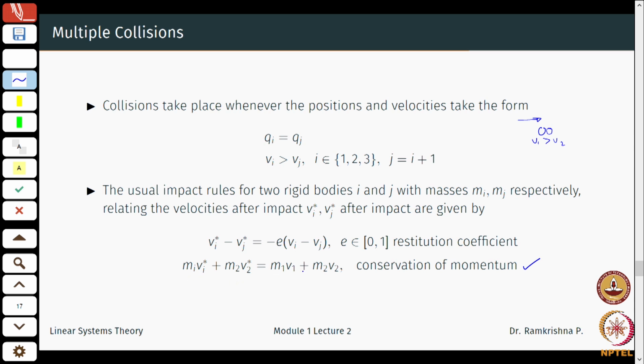If I call the velocities before impact V1 and V2 and after impact V1 star and V2 star, how do the velocities change? Well, there will also always be some restitution coefficient which might lose velocity depending on whether the collision is purely elastic, purely inelastic, or something in between.